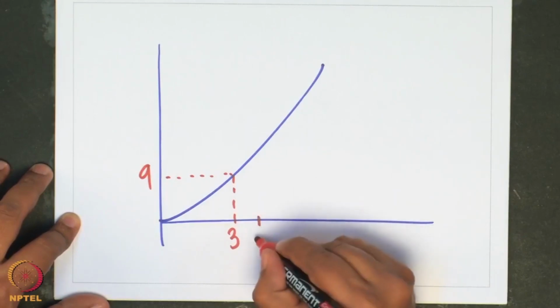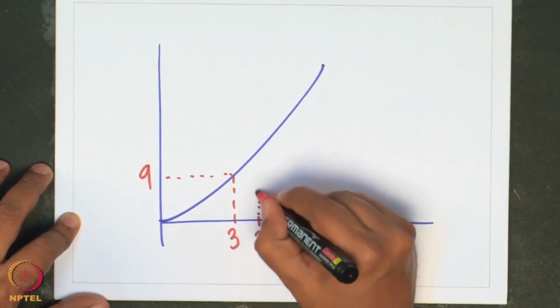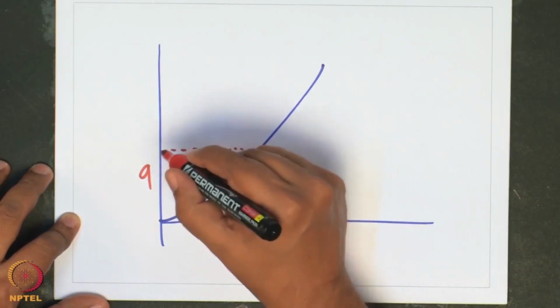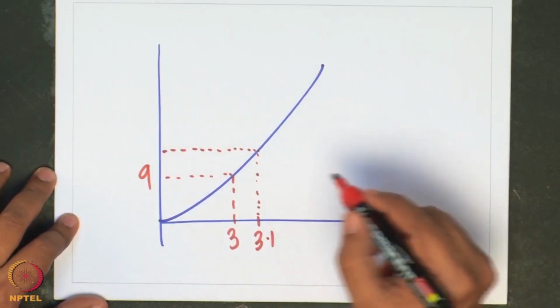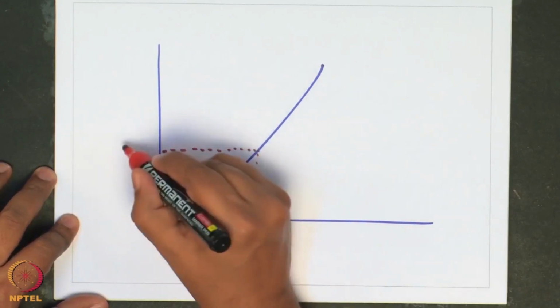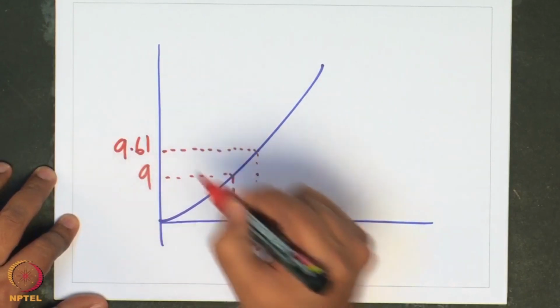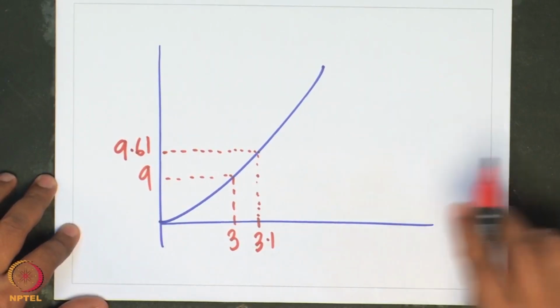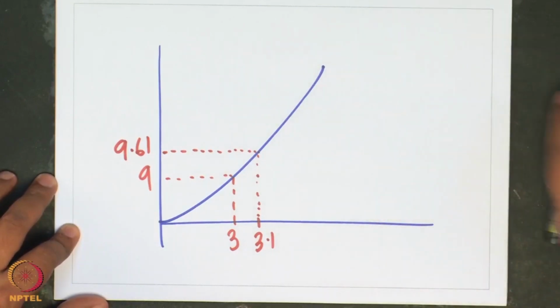Now I am going to take a point which is 3.1. What is 3.1 square? It is 9.61.